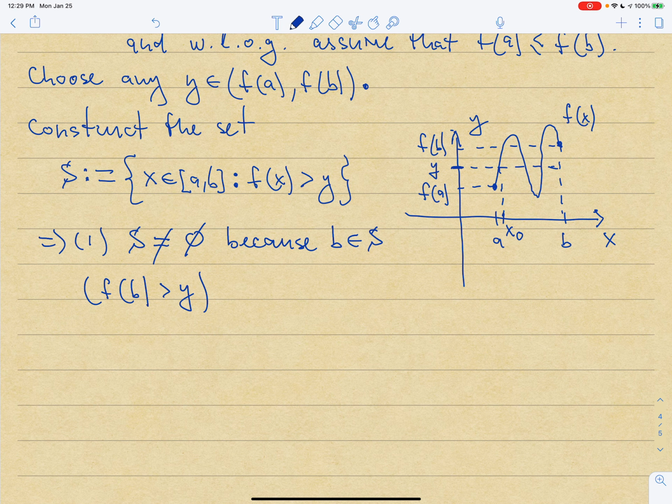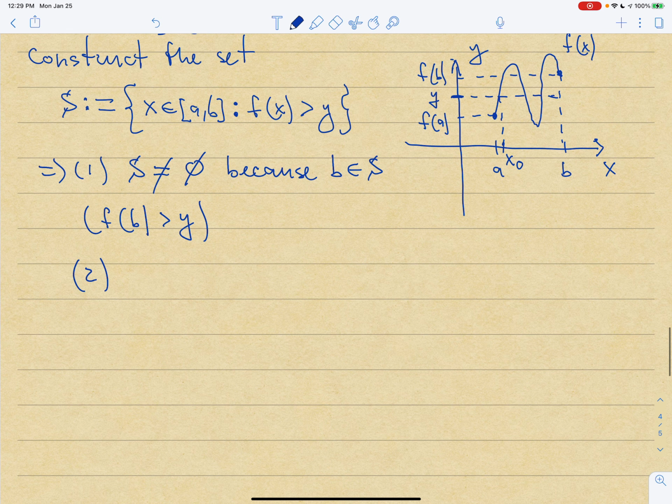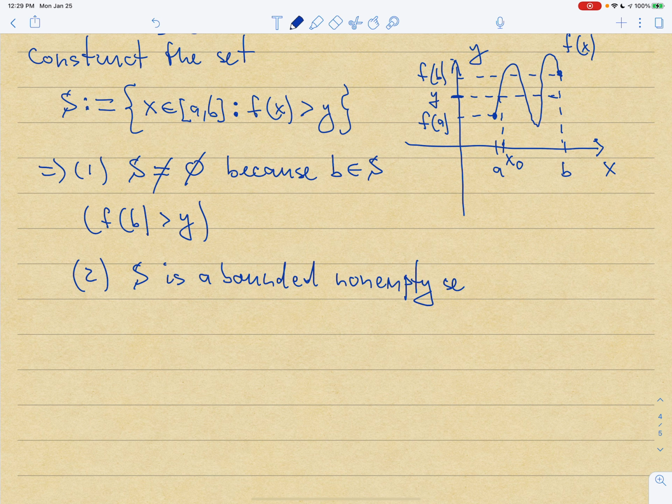Then number two, because S is not empty, it's a non-empty set of real numbers, which is bounded from below by A and from above by B. So S is a bounded set of real numbers, and therefore the infimum of S, let's say equal to x0, exists.